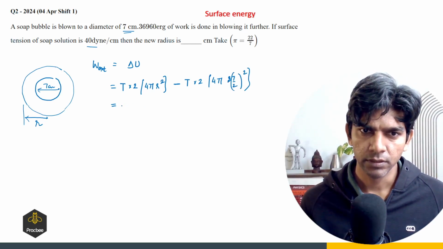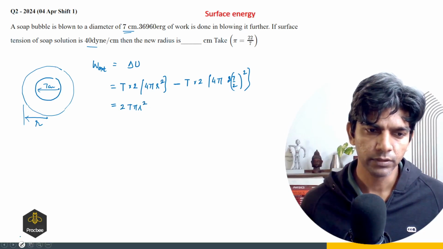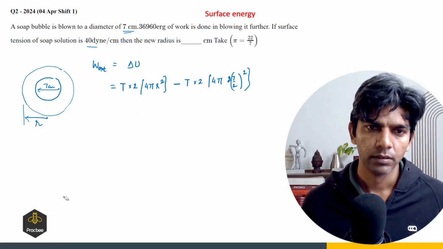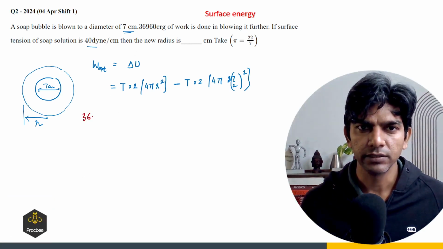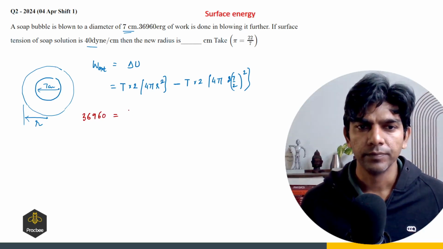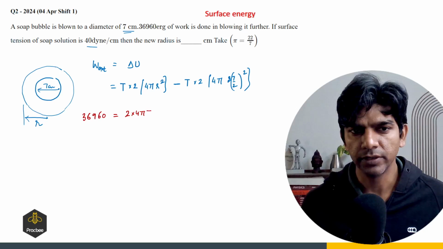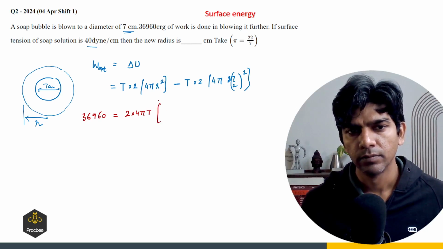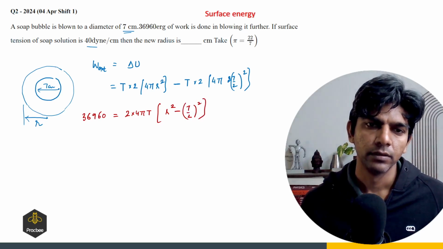So from this, 2T pi r square, or not 2T pi r square, work done is given. Let us substitute the value. So 36960 is equal to surface tension. So 2 times 4 pi times T will be common. So r square minus 7 by 2 square.